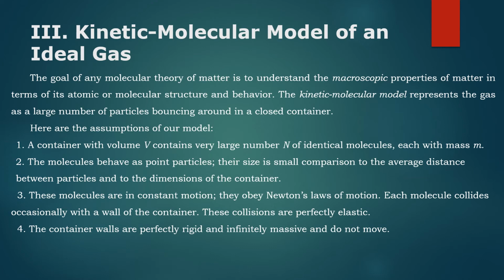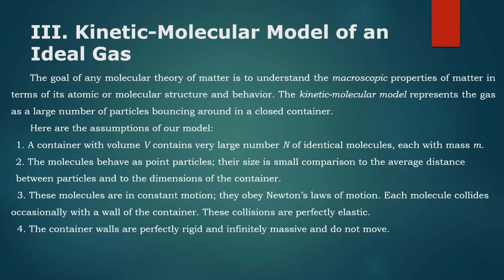Number 1. A container with volume V contains a very large number N of identical molecules, each with mass m. Number 2. The molecules behave as point particles. Their size is small in comparison to the average distance between particles and to the dimensions of the container.